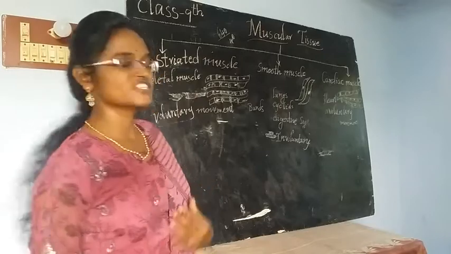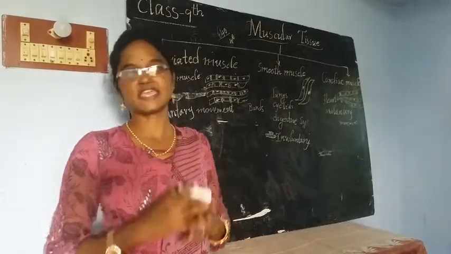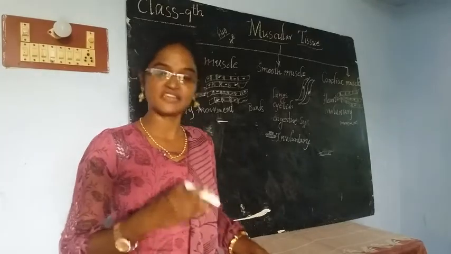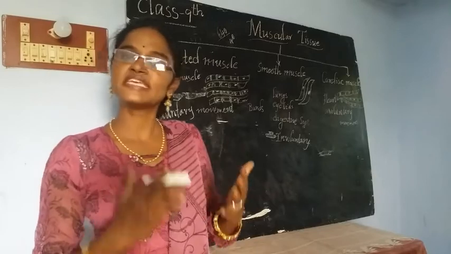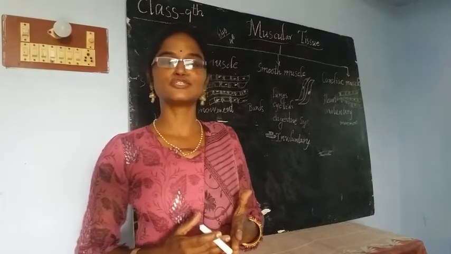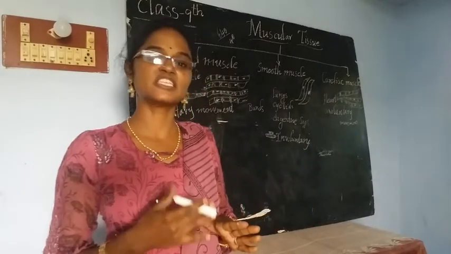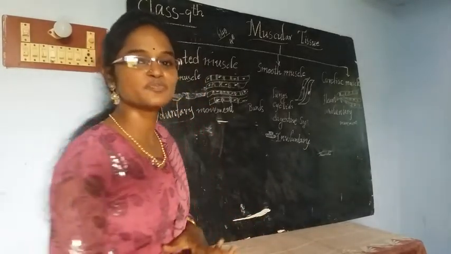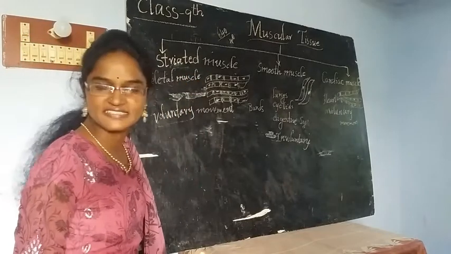And these striated muscles are able to regenerate whenever you meet with an accident or get an injury to your hand or leg. Within a few days it may heal, and within a few months we can see normal skin. It is because of the regeneration capability of the striated muscles.